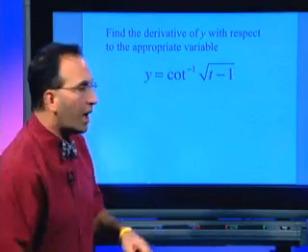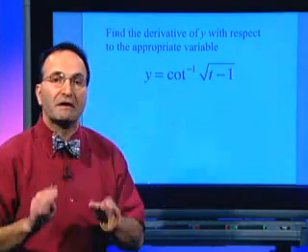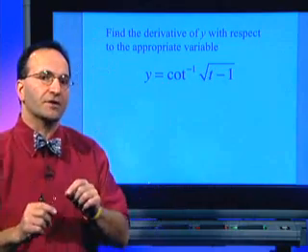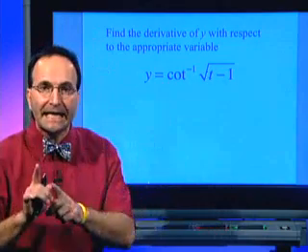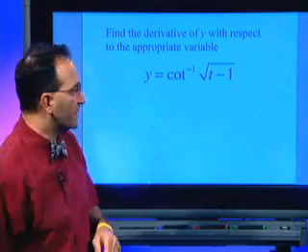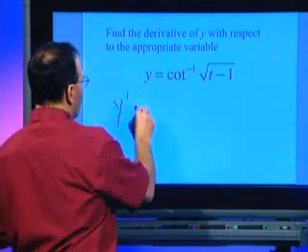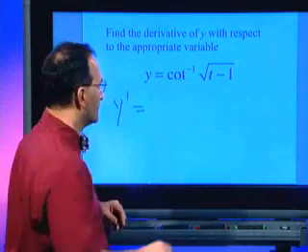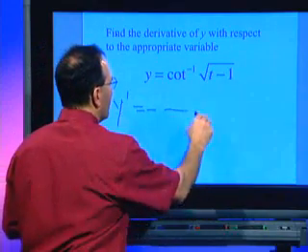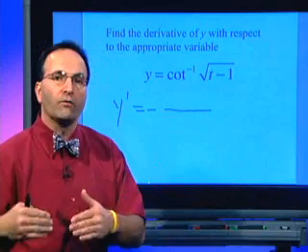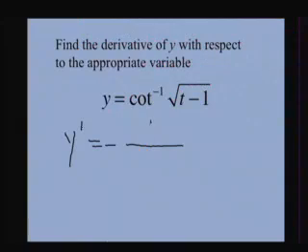All right, recall that when we went over the derivative of cotan inverse, that's just negative the derivative of tangent inverse. So y prime is going to be equal to negative, and remember tangent is 1 over 1 plus x squared, so this is 1 over 1 plus the square root of t minus 1 quantity squared.